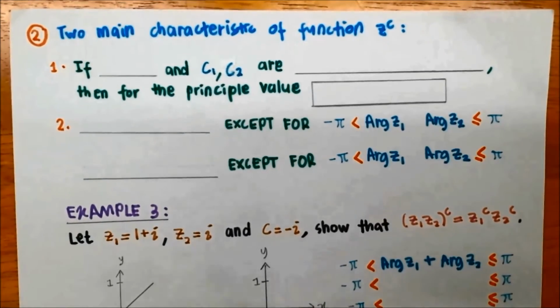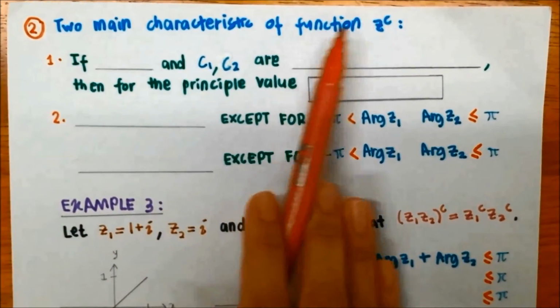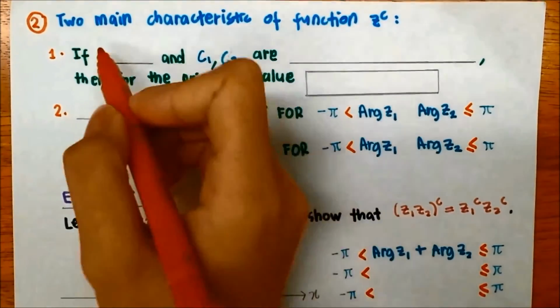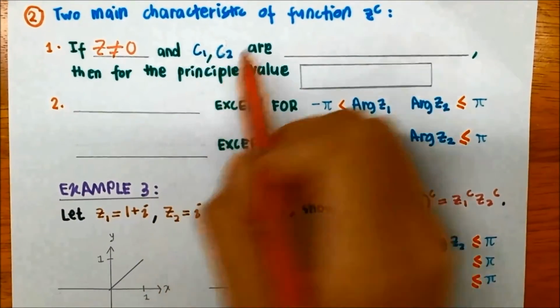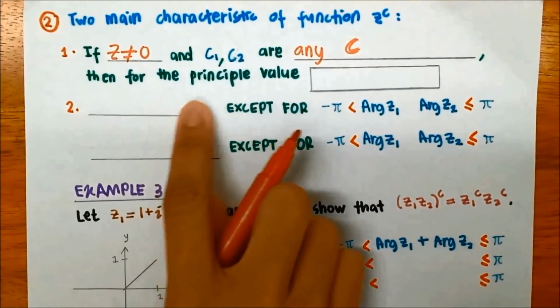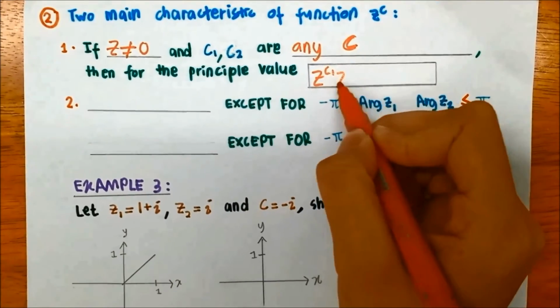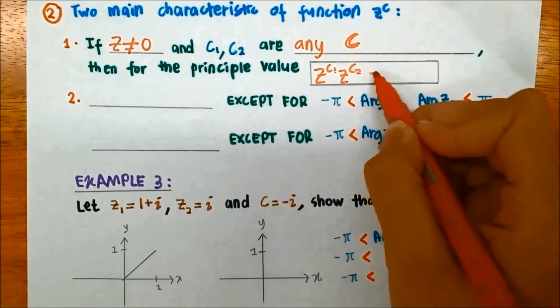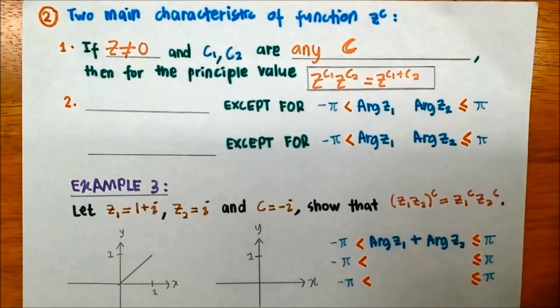Okay, now let us take a look at the two main characteristics of the complex power function. First, if z is not equal to 0 and c1, c2 are any complex numbers, then for the principal value, z to the power of c1 times z to the power of c2 is equal to z to the power of c1 plus c2.